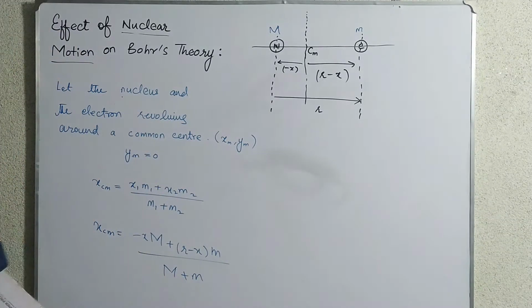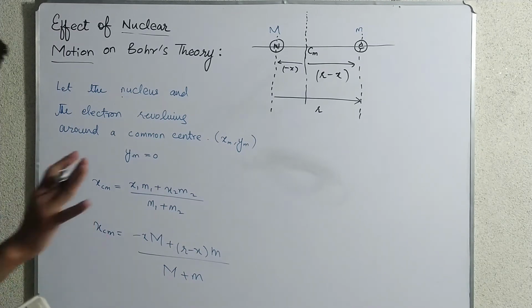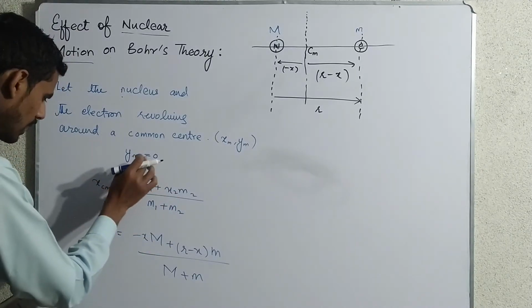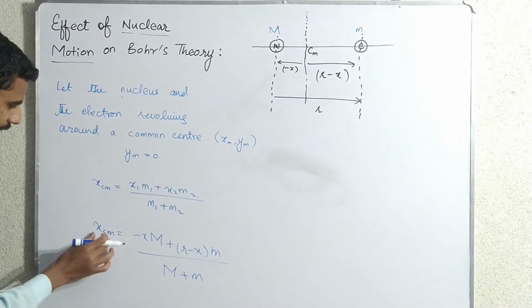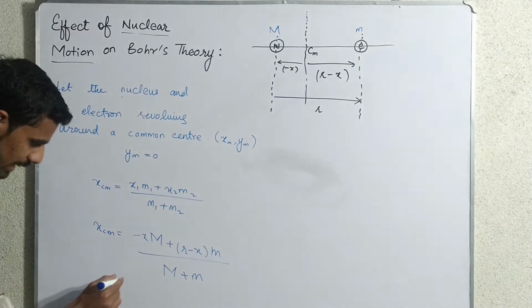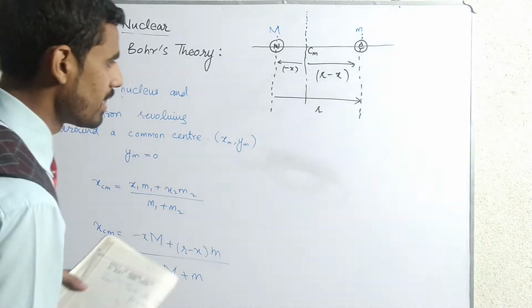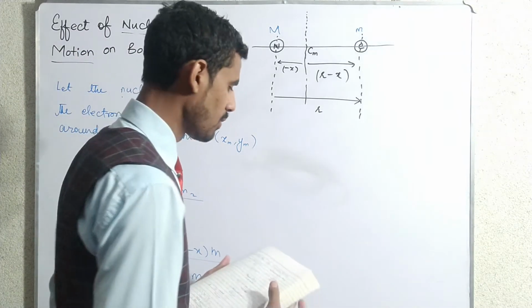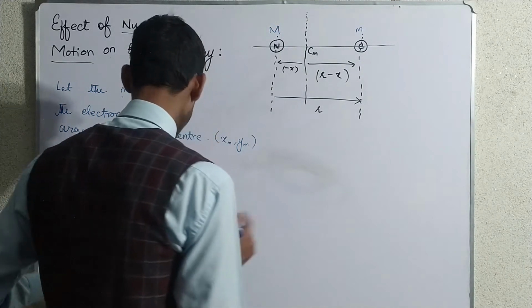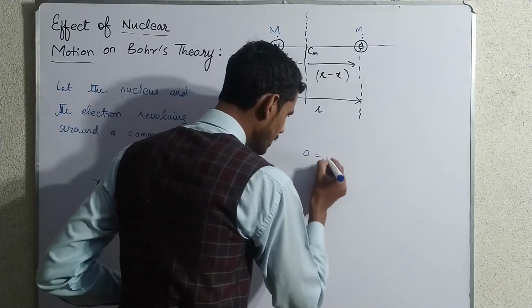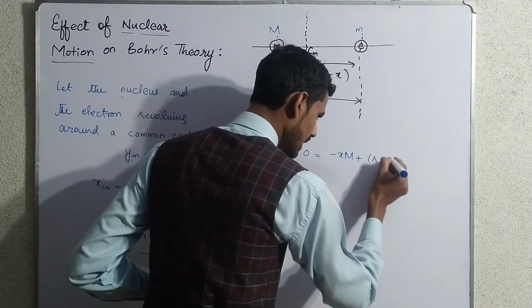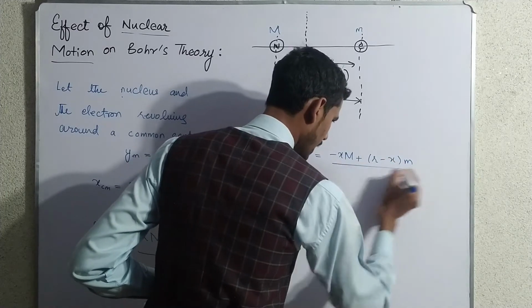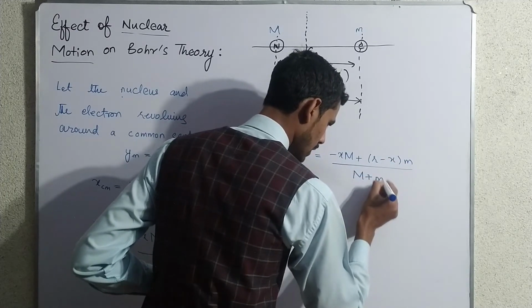Okay, so now as this y_cm was at 0, this x_cm is also at the origin. This x_cm is also lying at the origin and is equal to 0. When x_cm is equal to 0, we put it in, and it will be 0 equals minus x capital M plus or minus x small m, divided by M plus m.